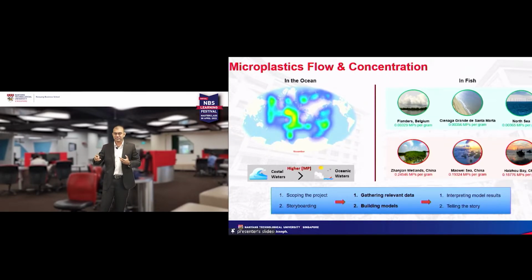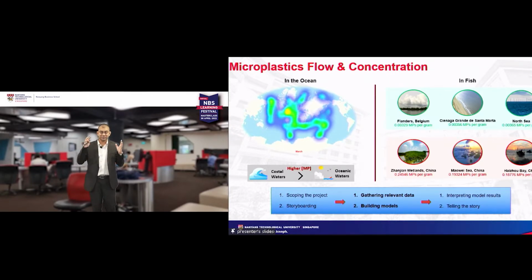And so then the next logical step would be, what about the fish in these regions? And on the right, you can see that there are some regions in Belgium, Colombia, and the North Sea that have much lower microplastic concentrations, while other regions, such as we can see here in China, have much higher microplastic concentrations.